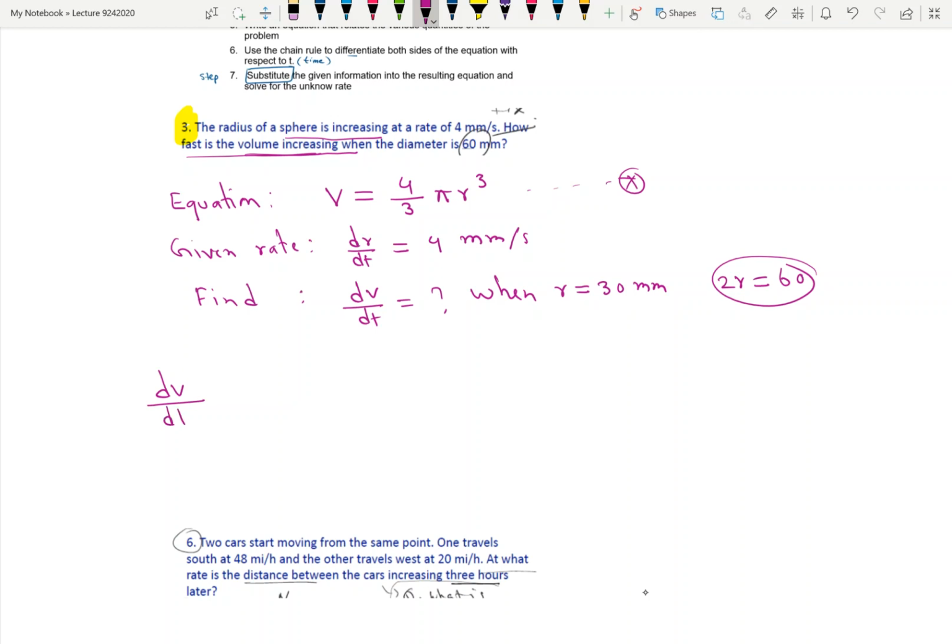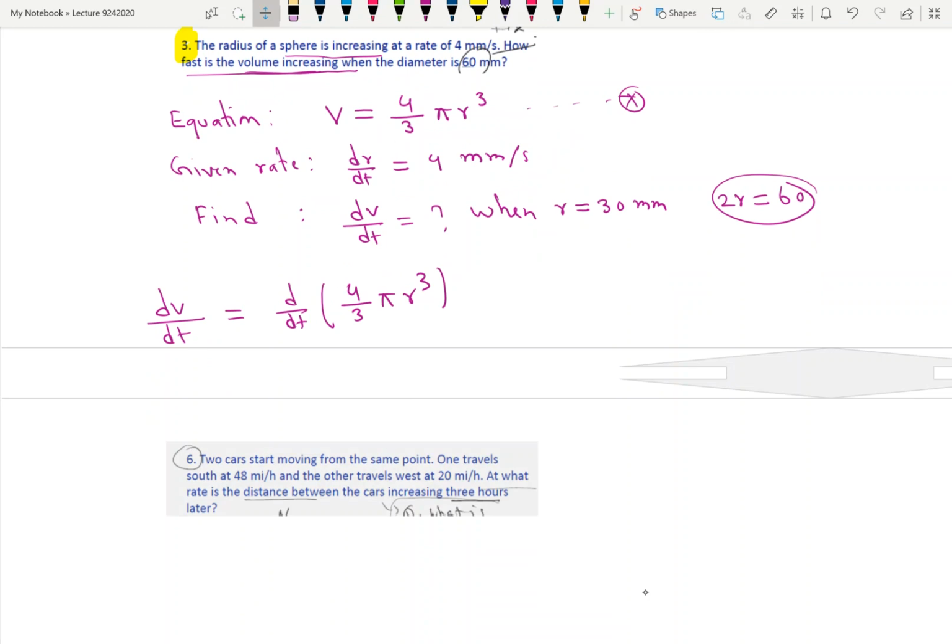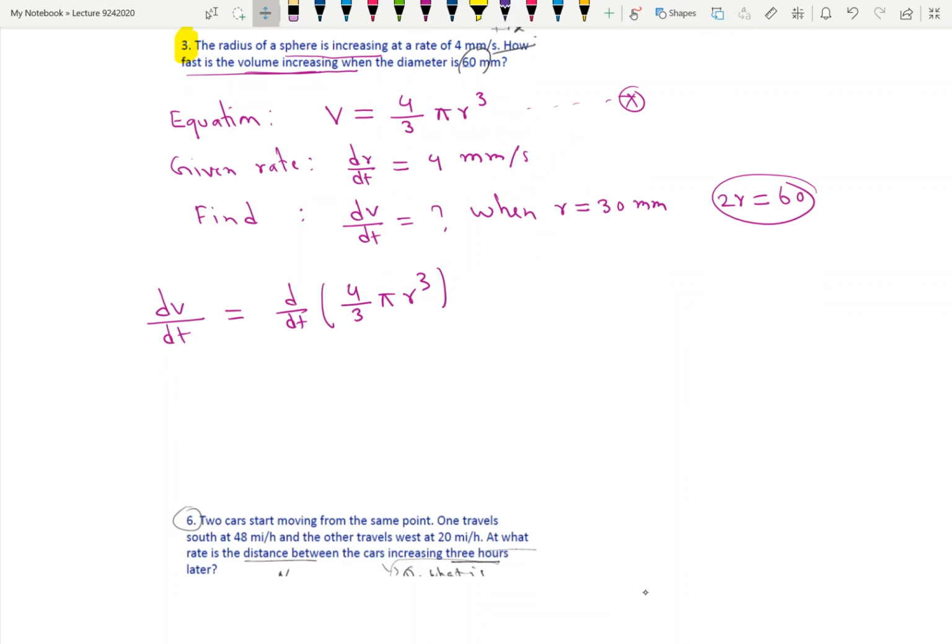So dV by dt would be d/dt of 4 over 3 pi r cubed, and this equals 4 pi over 3 times 3r squared times dr over dt.